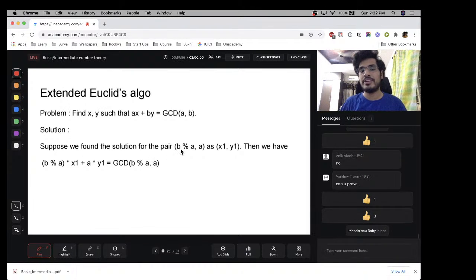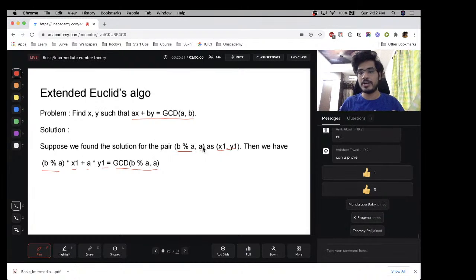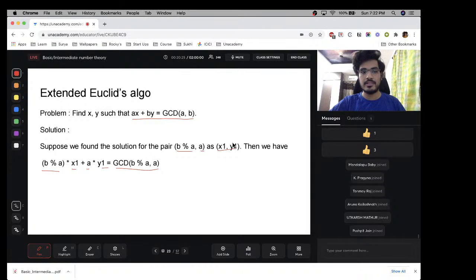Suppose we already found the solution for b mod a and a, which is x1 and y1. Then we have b mod a into x1 plus a into y1 equal to GCD of b mod a comma a. This is basically Bezout's identity, like ax plus by equal to GCD of a comma b. Suppose we already found x1 and y1 for b mod a comma a. Then we have Bezout's identity written like this.